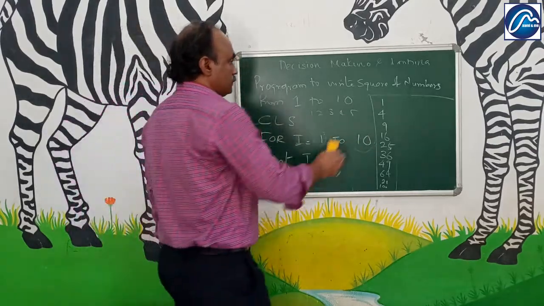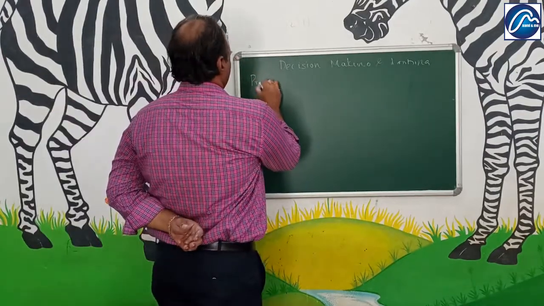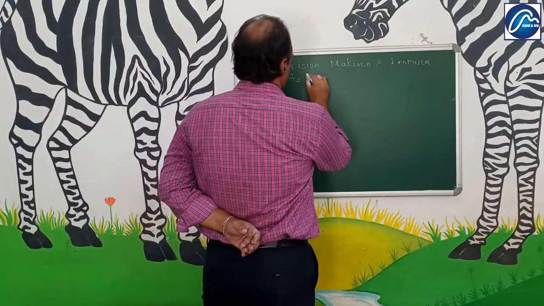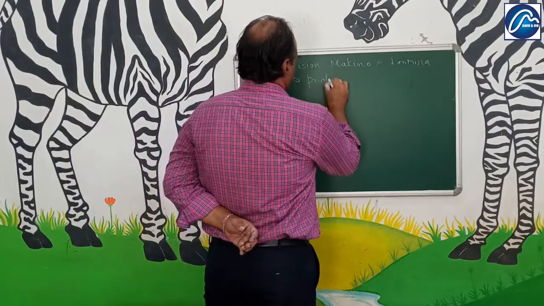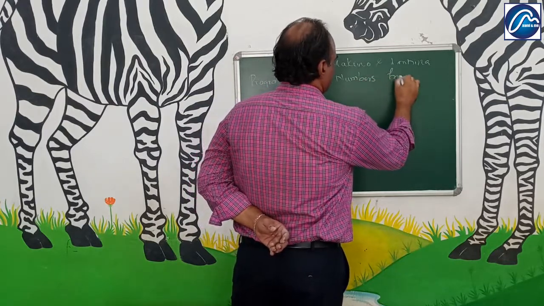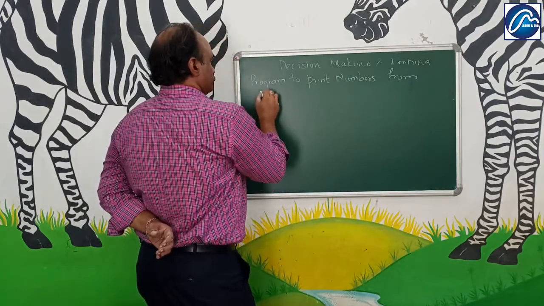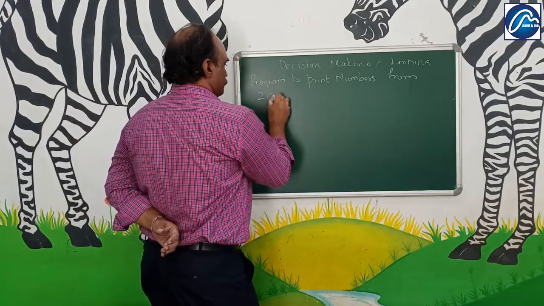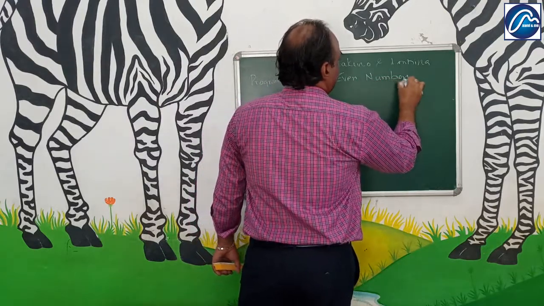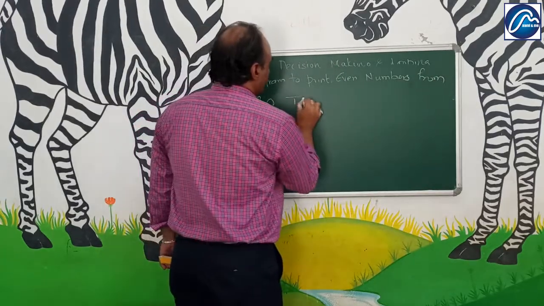What is the example? Even numbers from 20 to 10.